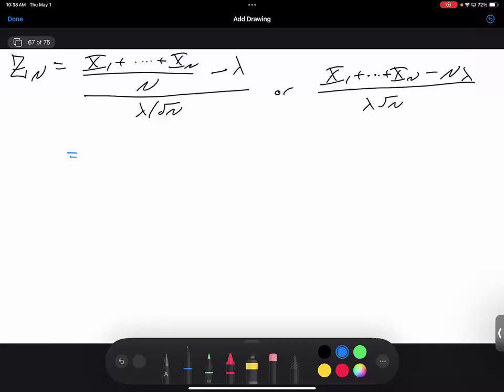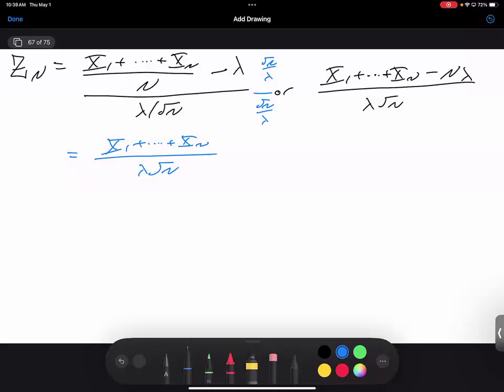So this becomes x1 plus ... plus xn divided by lambda square root of n, multiplied by square root of n over lambda. This is going back to old algebra and making sure we don't make a mistake.